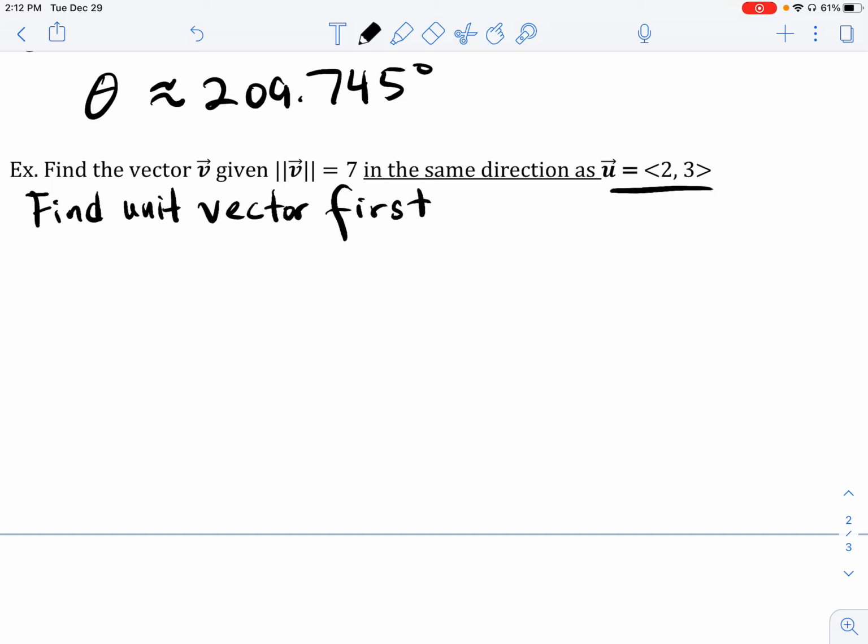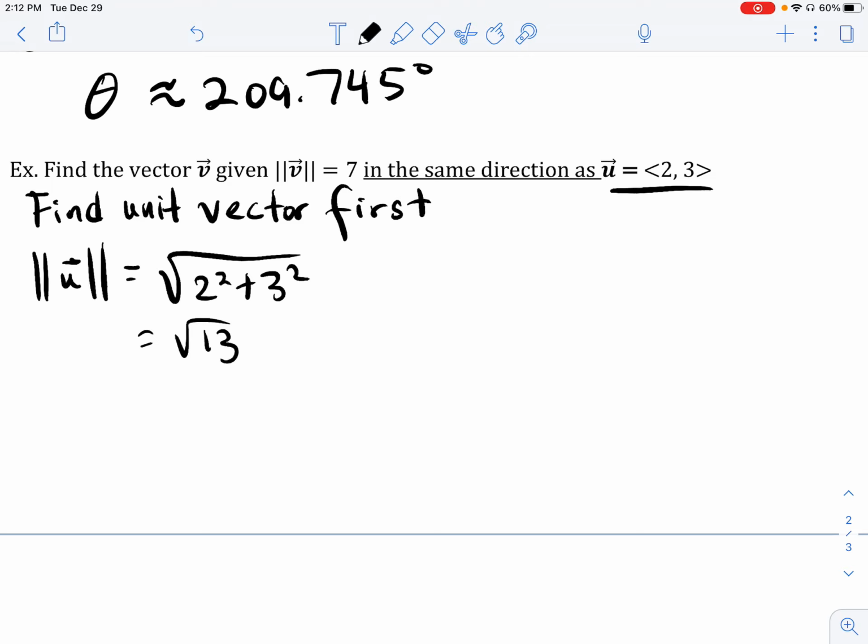So let's call this unit vector v. To start, we would need to know the magnitude of u. So let's start by finding the magnitude of u. The magnitude of u is simply the square root of 2 squared plus 3 squared. That's going to give me root 13.